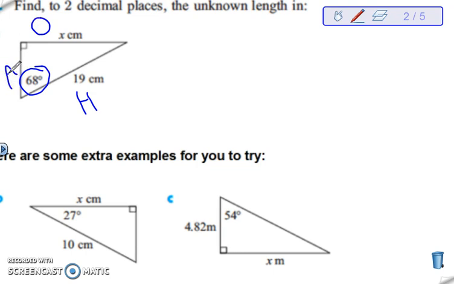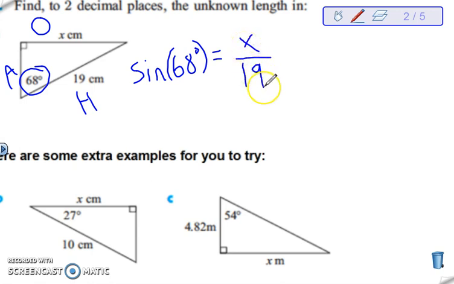So if I look at what I know and what I'm looking for, I'm missing the opposite side and I know the hypotenuse. So what I want is an equation that uses sine. So the sine of the given angle is equal to the opposite side over the hypotenuse.